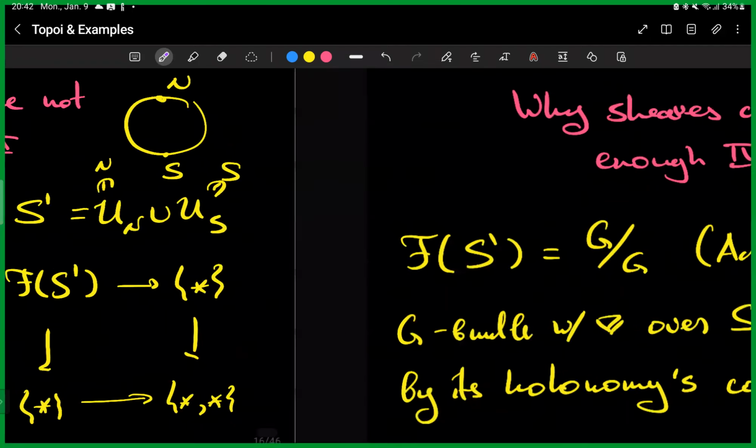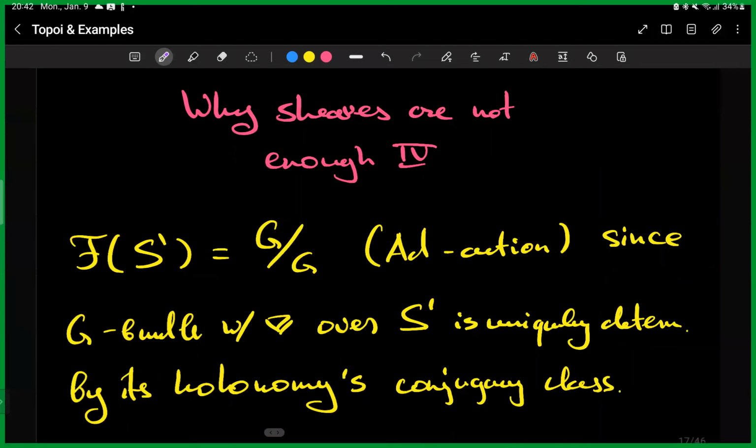Well, as it turns out, the value of this pre-sheaf on our circle is the set of all conjugacy classes inside of G. So it's orbits of the group G, which acts on itself by the conjugation action. So since G bundles with connection over S1 are uniquely determined by their holonomy conjugacy class, this is true.